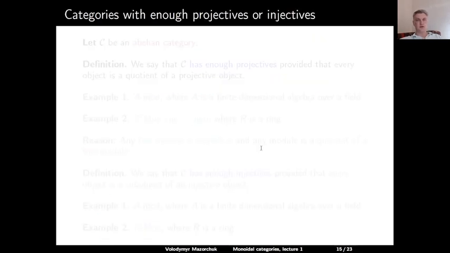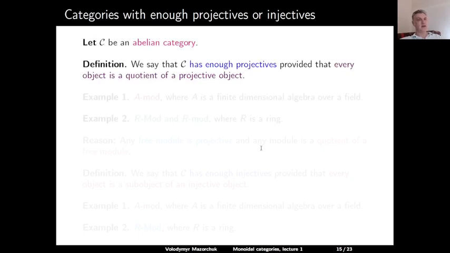Now let us recall the notion of a category with enough projectives. So let C be an abelian category. We say that C has enough projectives provided that every object in C is a quotient of a projective object. The first example, the category of all finitely generated modules over some finite dimensional algebra over some field has enough projectives.